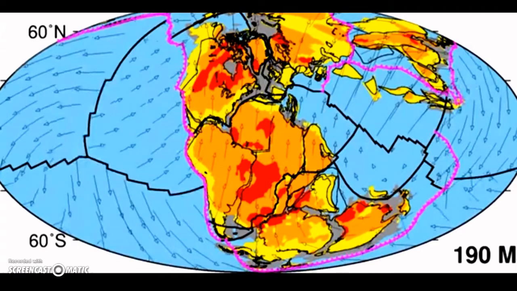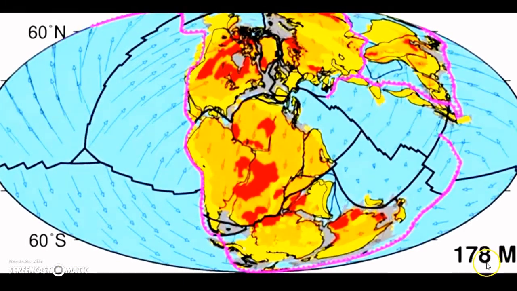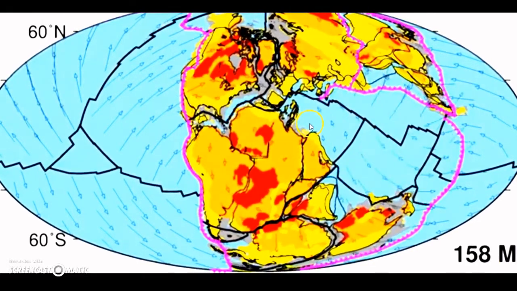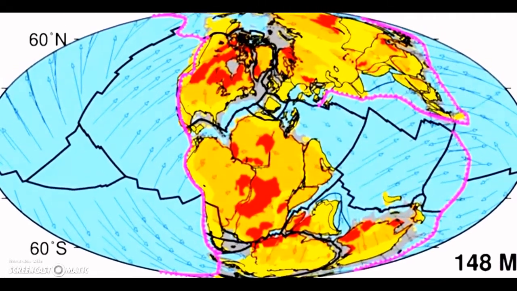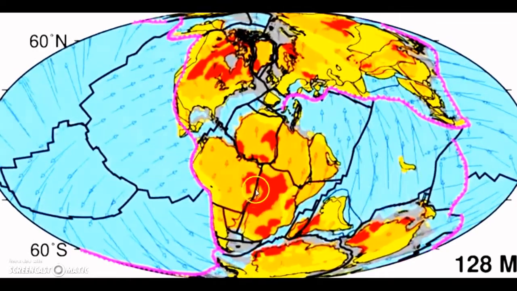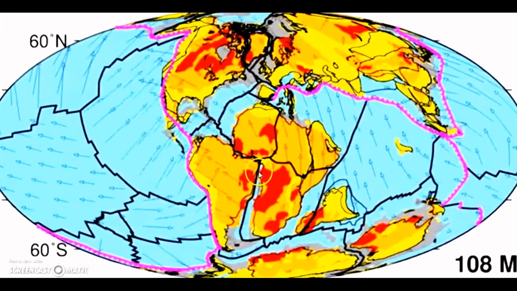So here we have Pangea, and over time, as millions of years cook by, you can see that the different continents, the different plates, start breaking apart. And all of a sudden, right here, the Atlantic Ocean just starts opening up.